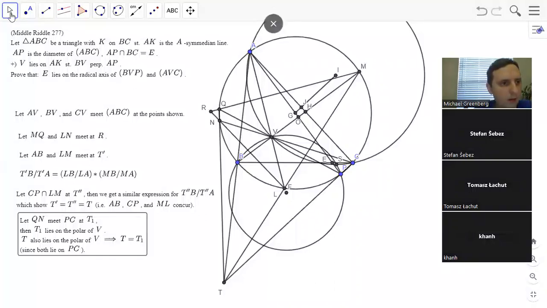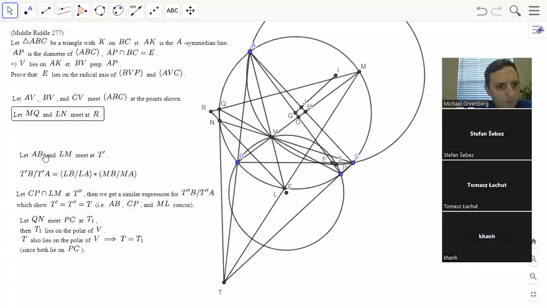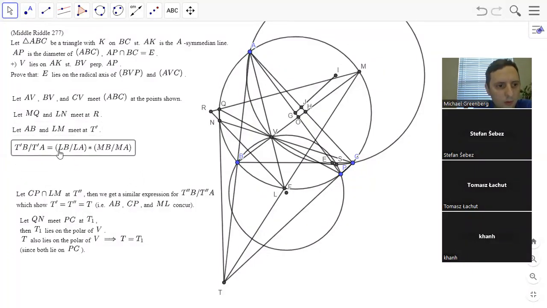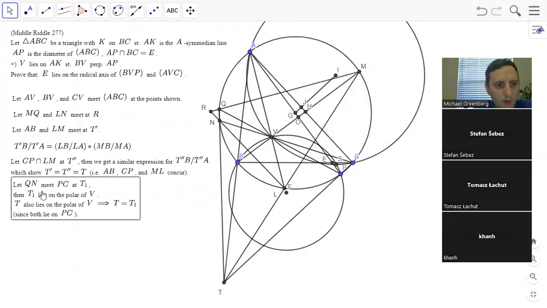And then we claim that R, V, and E lie on the polar of T. So we complete the proof.